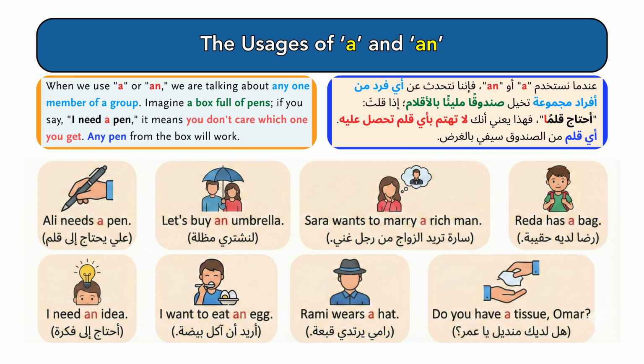For example, Allie needs a pen. Let's buy an umbrella. Sarah wants to marry a rich man. Rita has a bag. I need an idea. I want to eat an egg. Rami wears a hat. Do you have a tissue, Omar?